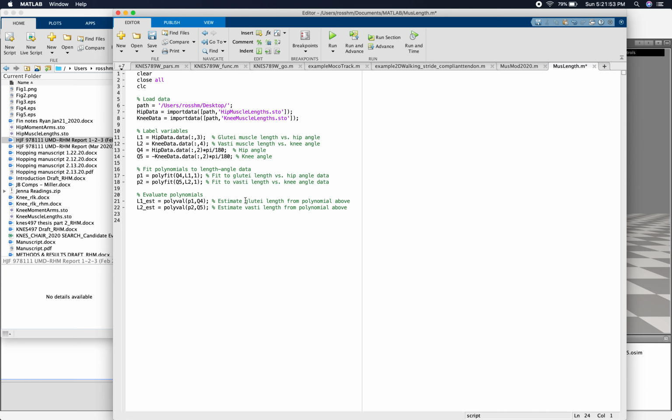Okay, so here I have my actual length of my muscles from my OpenSim model, and then down here I have my estimated length from fitting polynomials to those models. And so let's compare those lengths in a figure here.